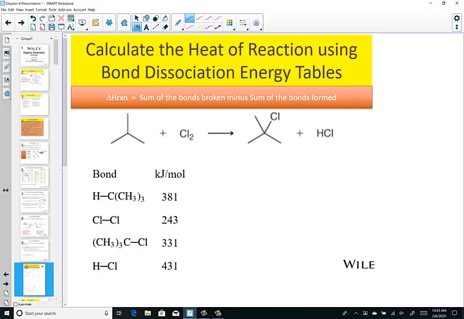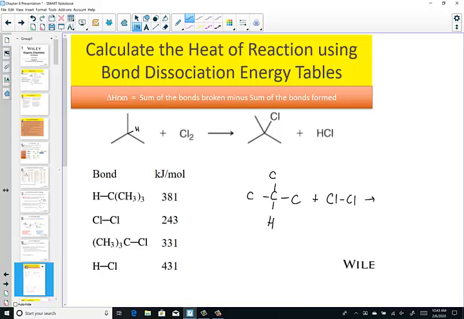Let's take a look at what some example problems might look like in this section. Here I'm giving a reactant turning to products. I have a carbon in the center leading up to 3 other carbons, and therefore the fourth bond, which is not drawn but we know is there, is a hydrogen. I also have molecular chlorine in terms of my reactants.